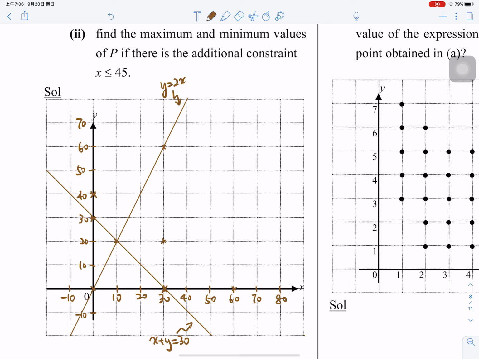Right, so this one will become like this. Right. Okay, so this one, 2x plus 3y equals 120. Great, we have thus 3 straight lines.